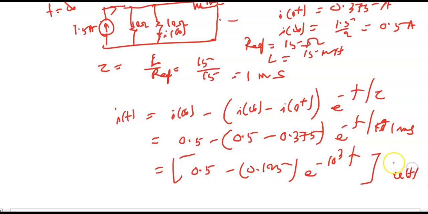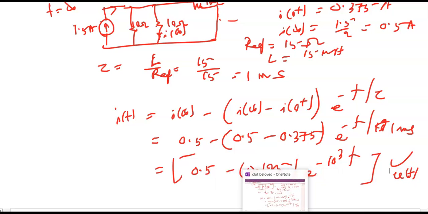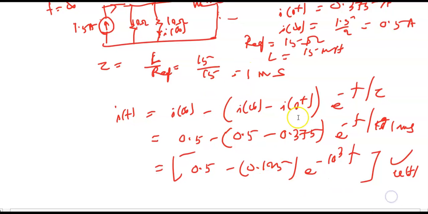This is the response at 10 ohm, or you can say after switch is closed, the current flowing through the switch. Very simple. Whenever there is a single time constant, doing the circuit this way would save a lot of time.